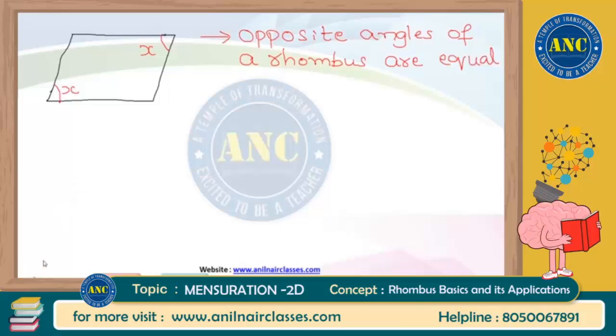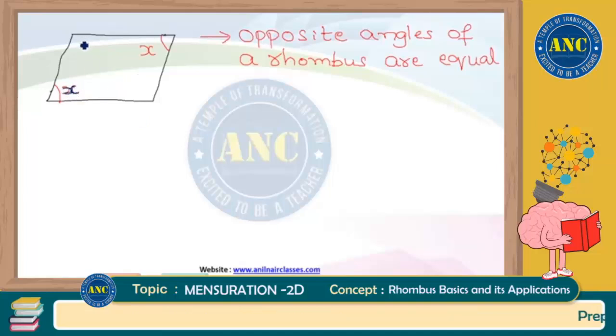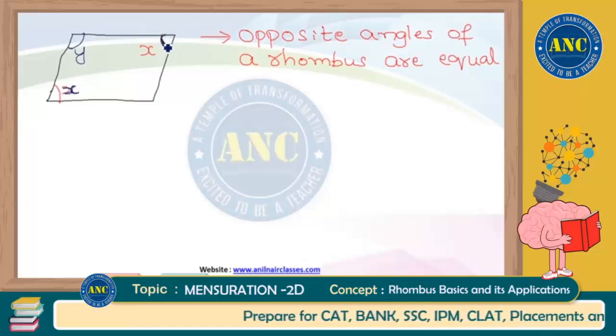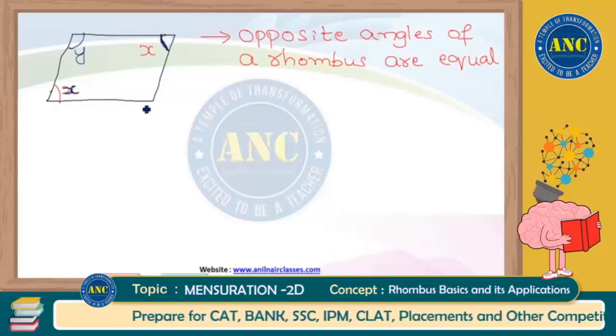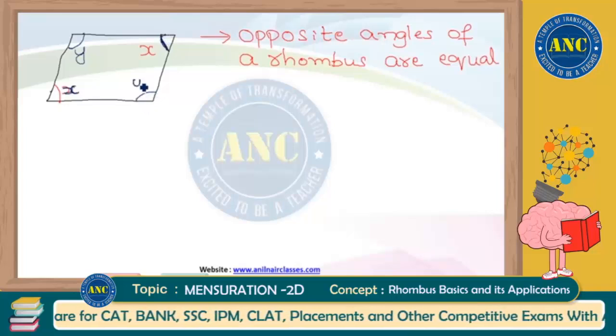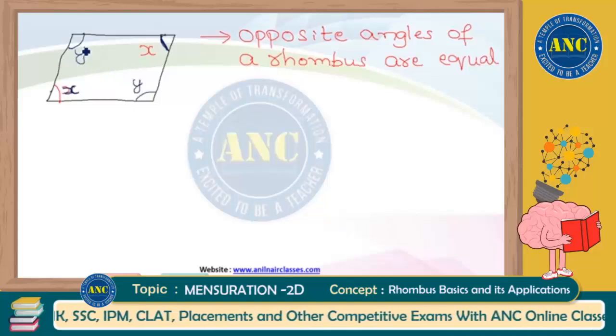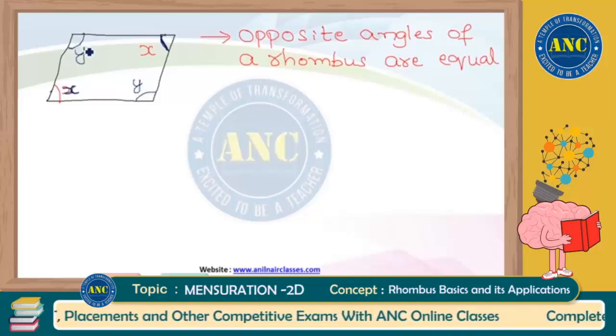Similarly, for this particular angle X, the adjacent angle is this angle Y, and the adjacent angle of this X will also be Y, because I just told you that opposite angles are equal in a rhombus.